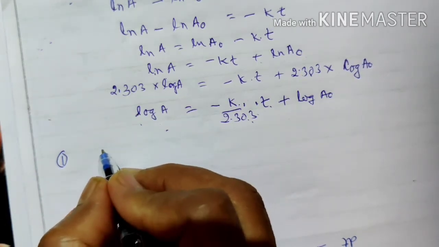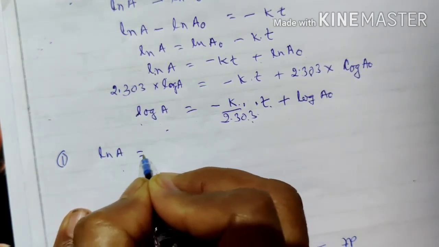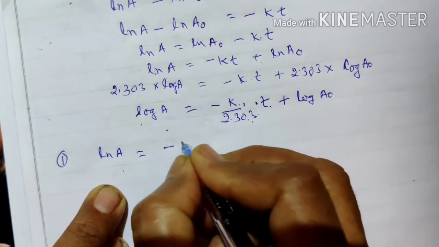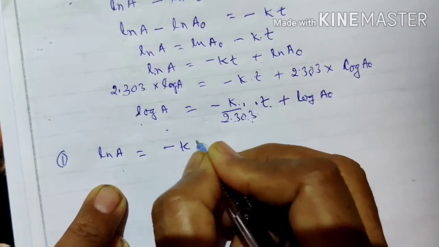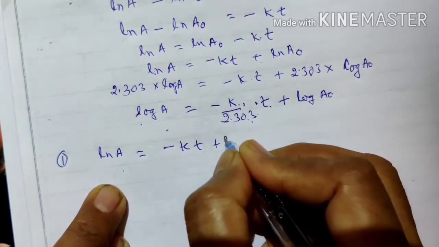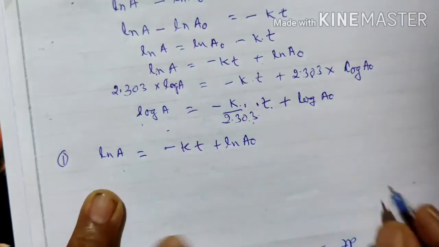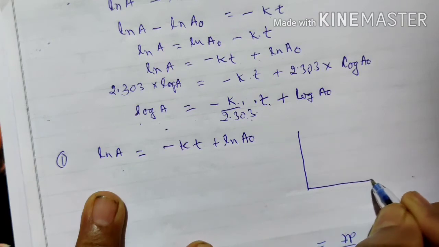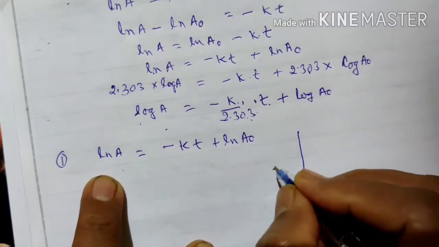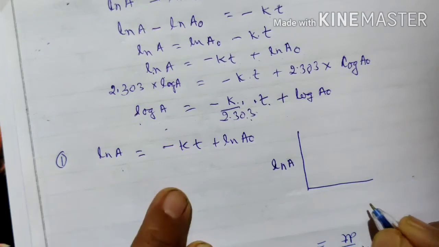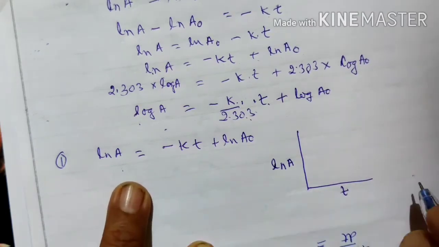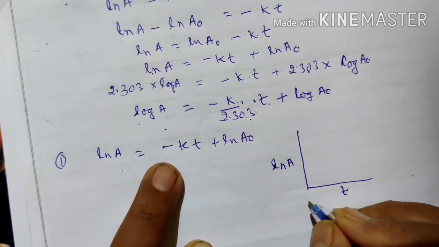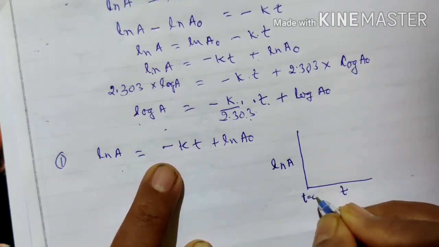So when we plot a graph for the first equation, that is ln A is equal to minus kt plus ln A0, on this side will be ln A, and here we will take the t. This is the equation for first order reaction and the equation for the straight line. Here we put t is equal to 0.